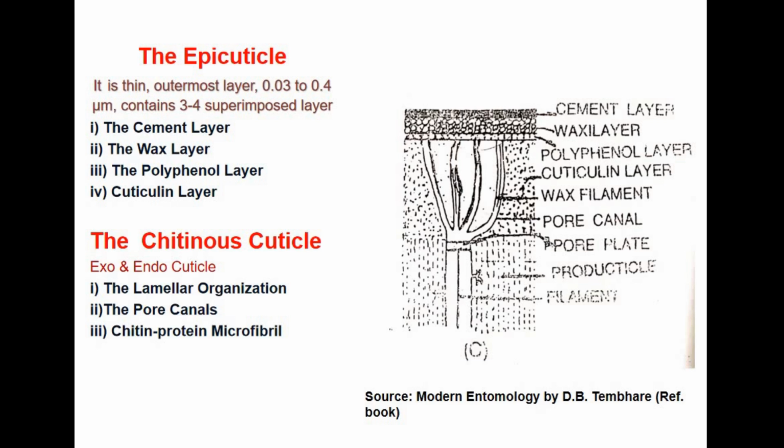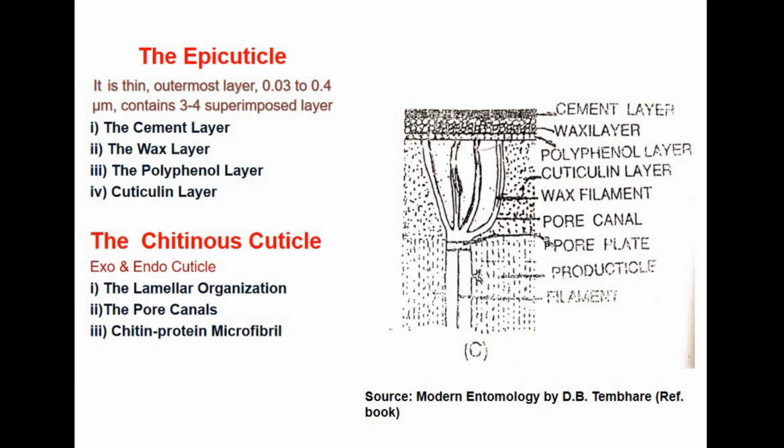Now after the cuticle, the epicuticle, which is the outermost thin layer of the integument, has a thickness ranging from 0.03 to 0.4 micrometer.